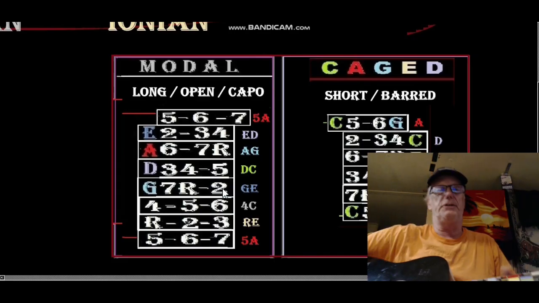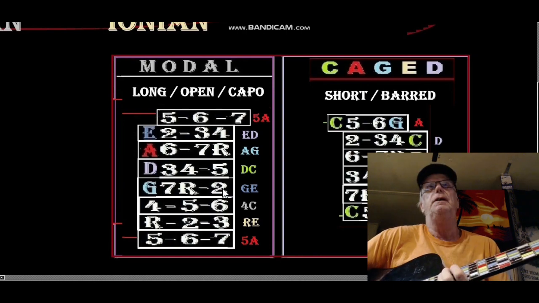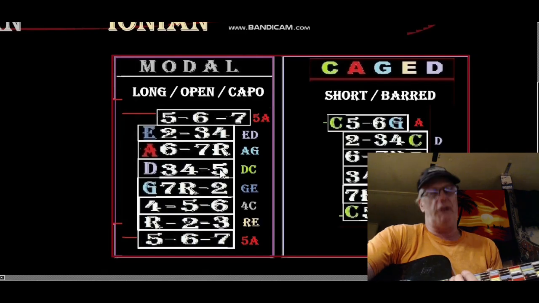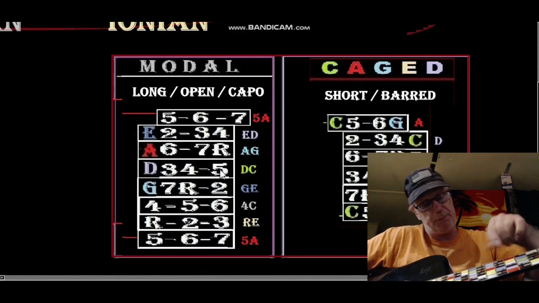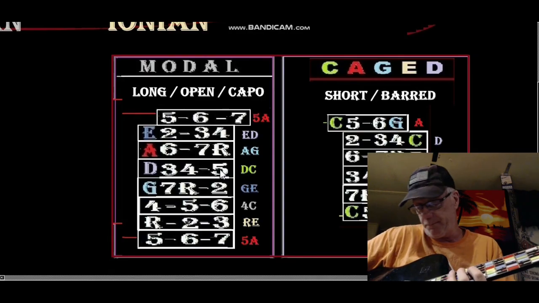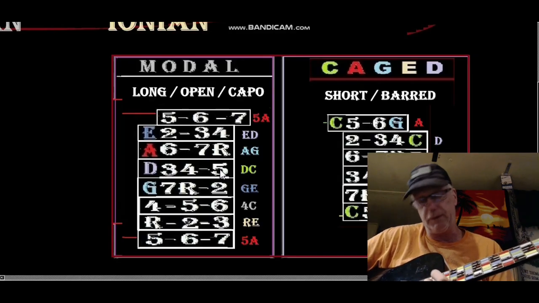Which would be a nice double string shape for cello, because cello's in fifths, so you go 6, 7, root 2, like that, before you want to 3, 4, 5, 6, which would be a fifth up instead of straight up to the next string. You'd have to go a fifth up and do a double string shape there. 3, 4, 5, 6, 7, root 2, 3.